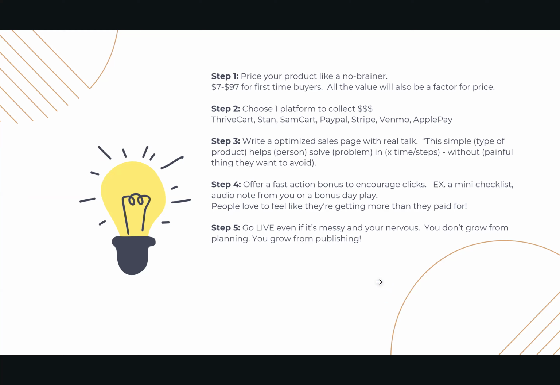So as low ticket items, like the no-brainer price points, you're going to go between $7 to $97. And this is great for first-time buyers. Again, we're just focusing on one product at a time. So price it accordingly. Think about what your audience would pay. And also think about the value that you're offering, because that's also going to be factored into your price.